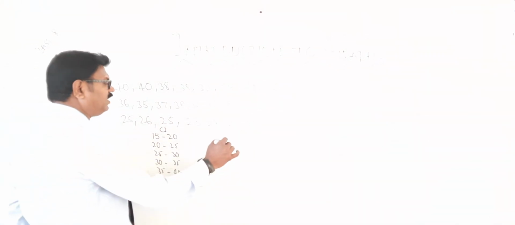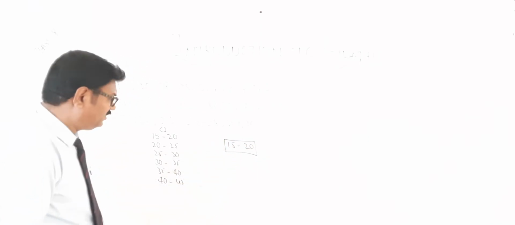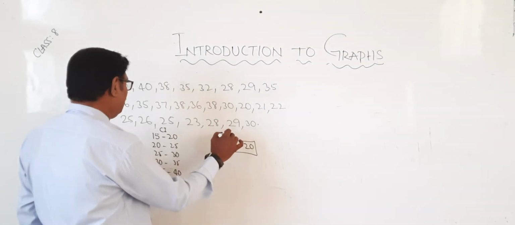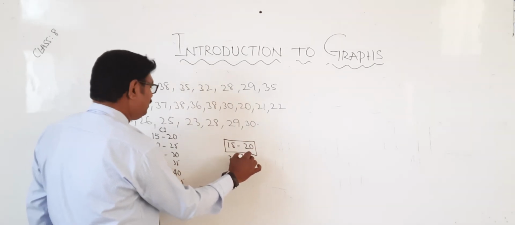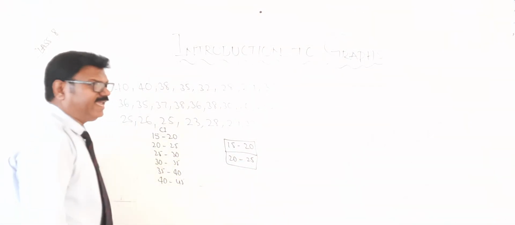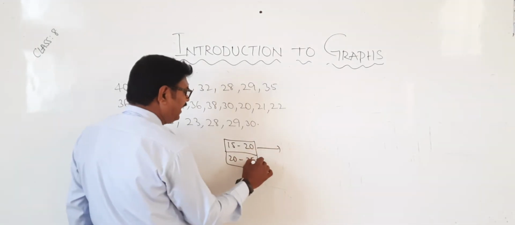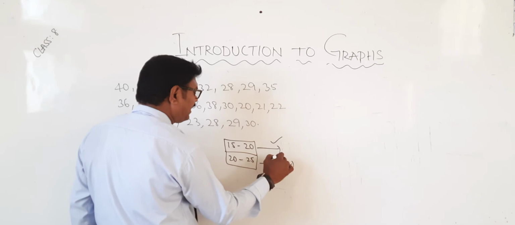See, for example, if you take 15 to 20, this is the class interval. There are two here, 15 to 20 and 20 to 25. Okay. For example, a person scored 20 marks. There is an argument whether the 20 marks will come in this or in this.